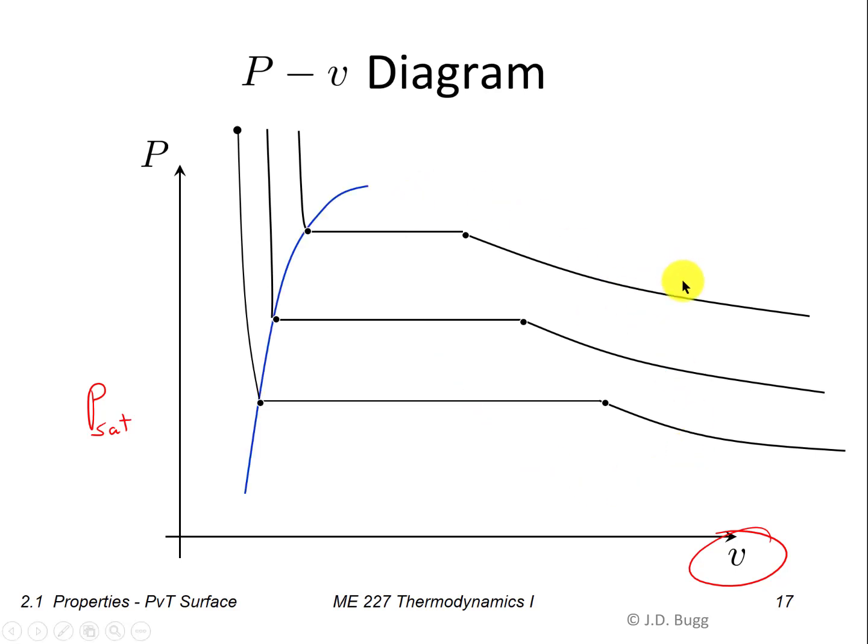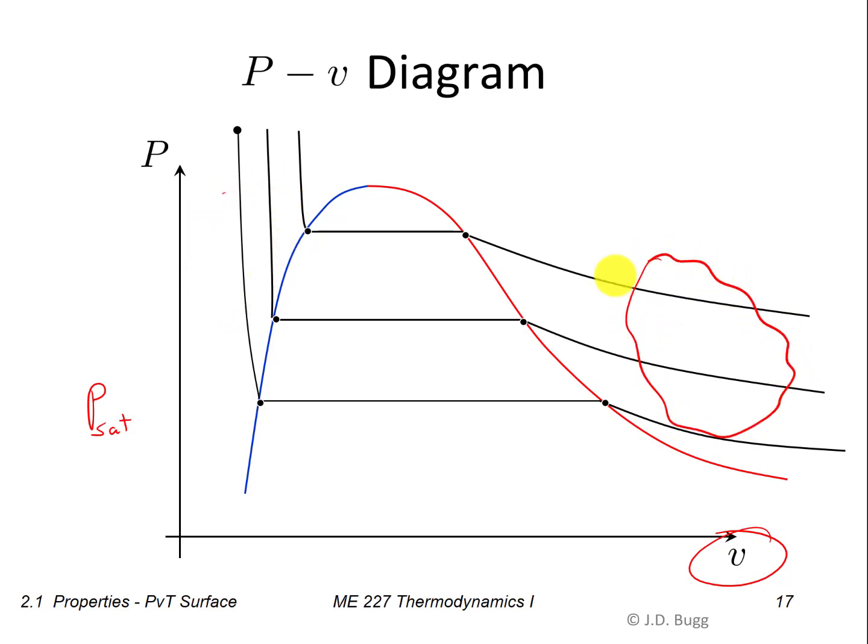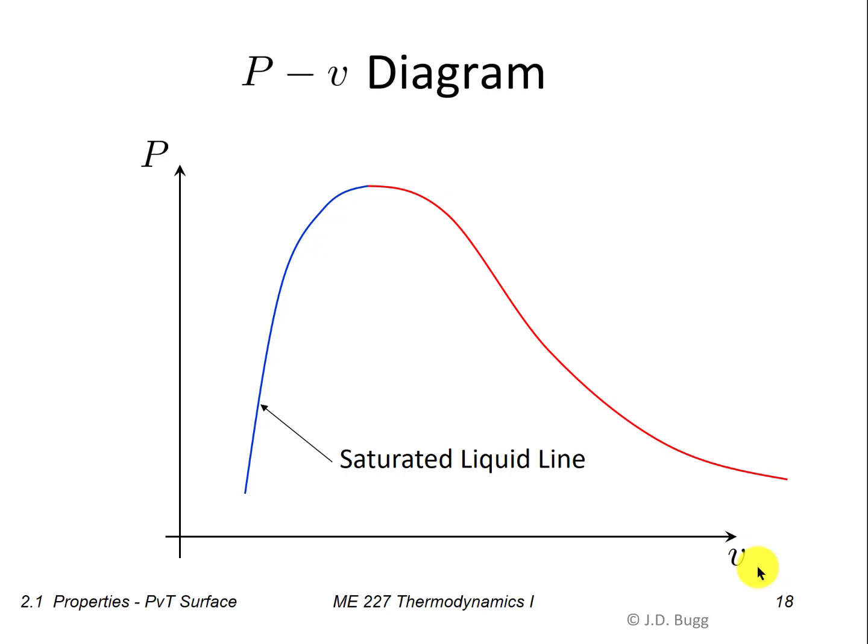So we can join those together and we see a saturated liquid and a saturated vapor line. So this region is liquid, this region is vapor, and this is a liquid vapor mixture. So saturated liquid line on the left, saturated vapor line on the right, and of course critical point at the top, the same as before.